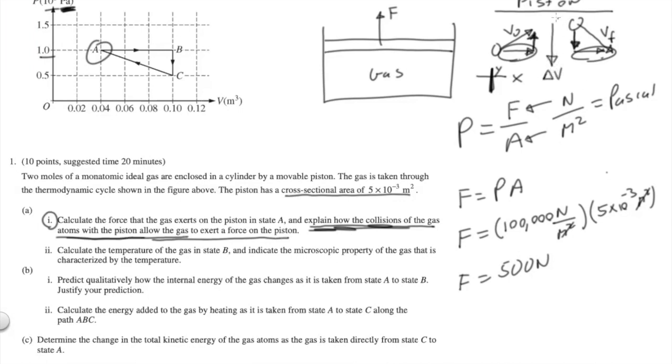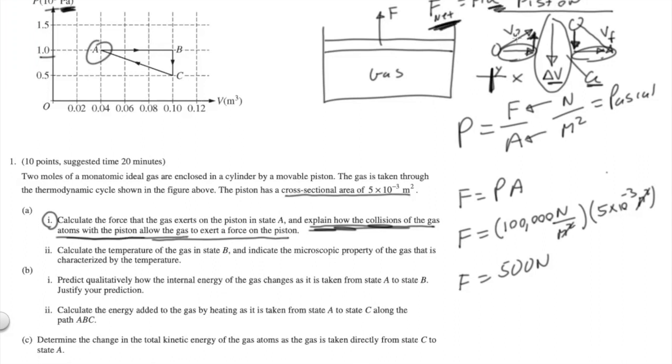If the change of velocity is that way, the acceleration is also going to be that way, because change of velocity is acceleration. And we know, of course, that F net equals ma. So the net force is going to be in the same direction as the acceleration.